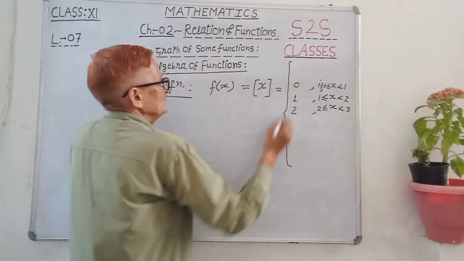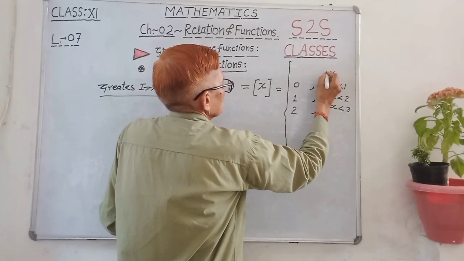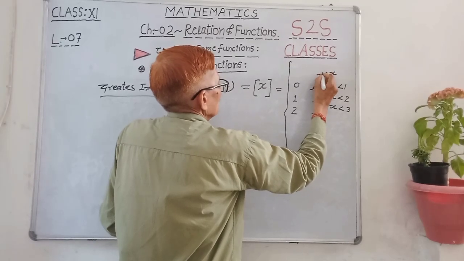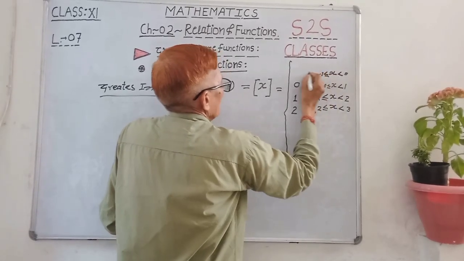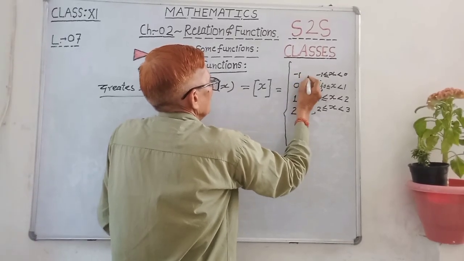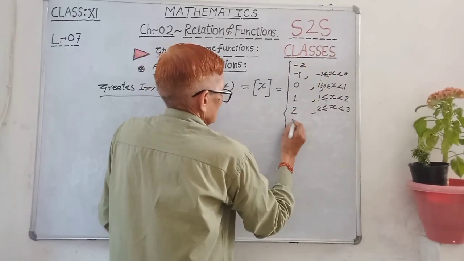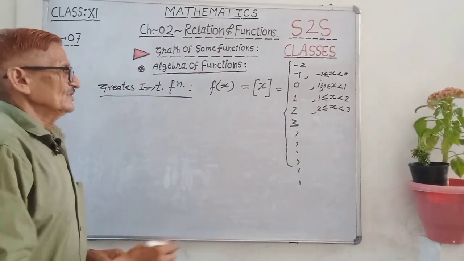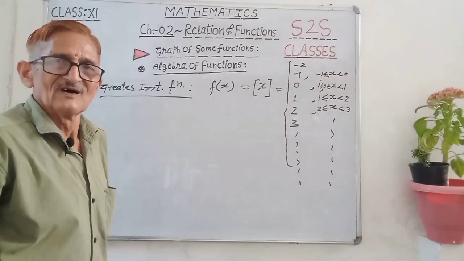These are the y values. And similarly, if x is greater than or equal to minus 1 and less than 0, then it is minus 1. Similarly minus 2 and then 3 and so on. So here, x is all real numbers.